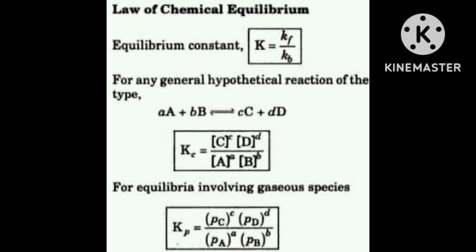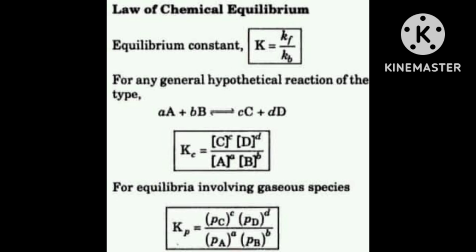Now when you write the equilibrium constant, K is equal to the concentration of products, C into D, meaning the molar concentration of C into the molar concentration of D, divided by the molar concentration of A into the molar concentration of B. But now the powers you have to write according to the coefficients: the coefficient of A, B, C, D. So C power c, D power d, A power a, B power b.